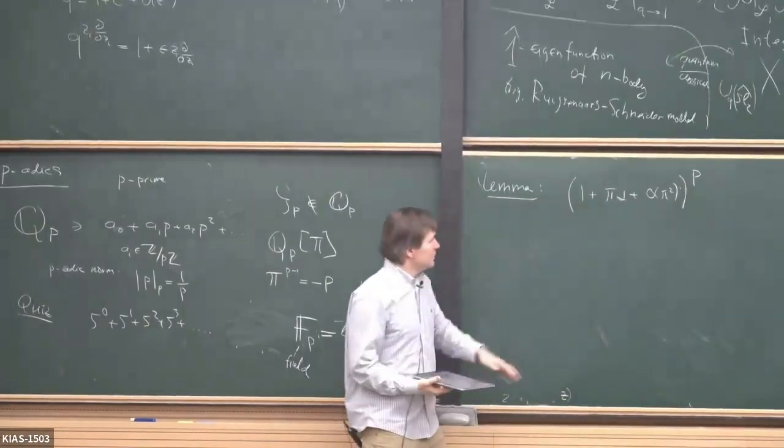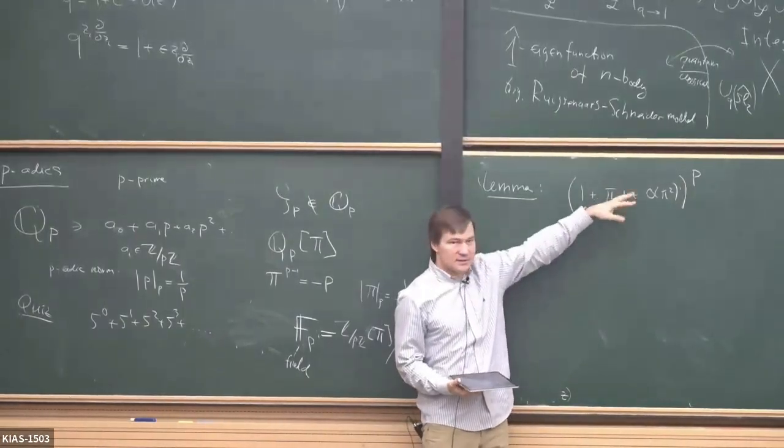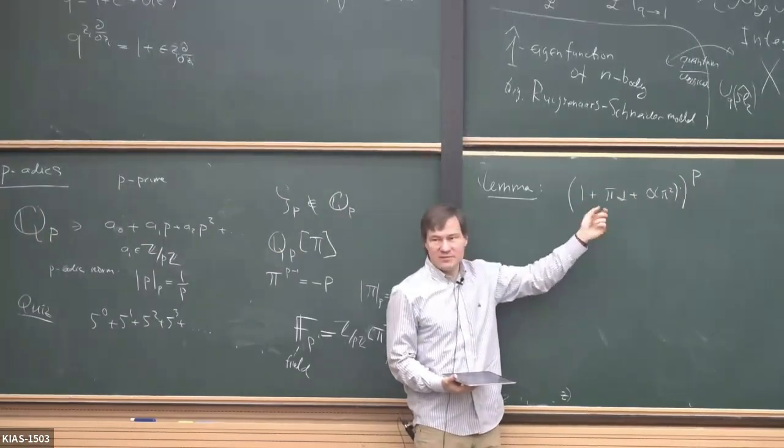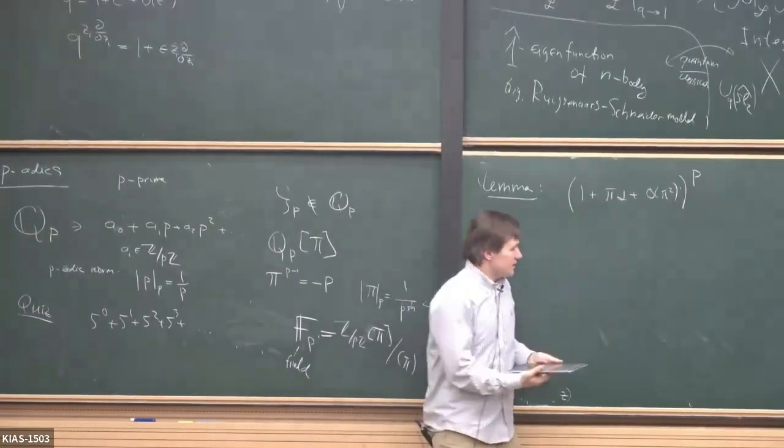Now, if you take this pi and do the calculation like this, you're just going to open up the Newton binomial coefficients, and then you're going to calculate.